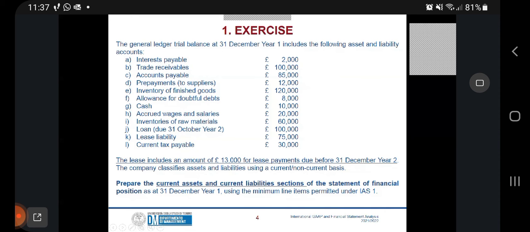So this is another exercise for you. You have to do it now, and then we are going to check it after 5 or 10 minutes. You have to prepare the current assets and current liabilities section of the financial statements according to this information.